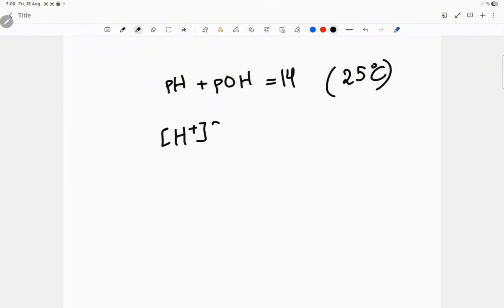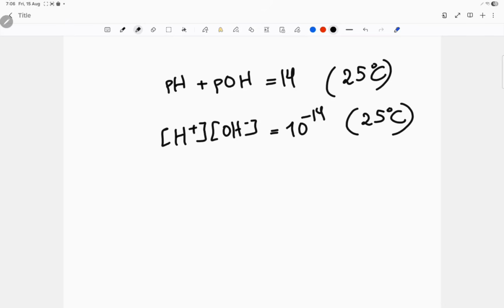Now, pH plus pOH is equal to 14, but this will only happen at the temperature of 25. Also, H times OH is equal to this, which again only happens at 25.